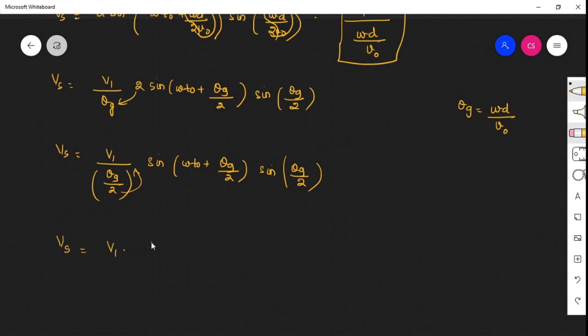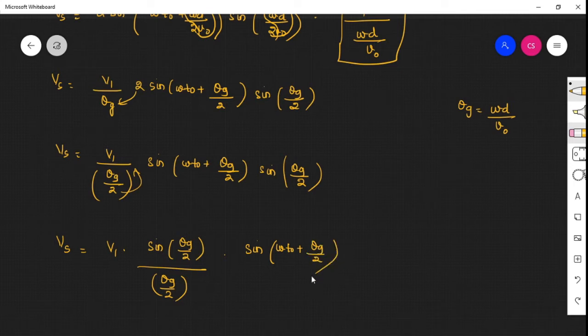So it is V1 into sin of theta g by 2 by theta g by 2 into sin of omega T naught plus theta g by 2.